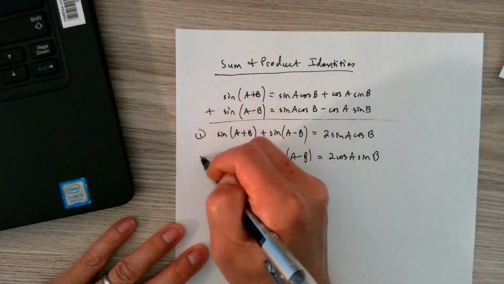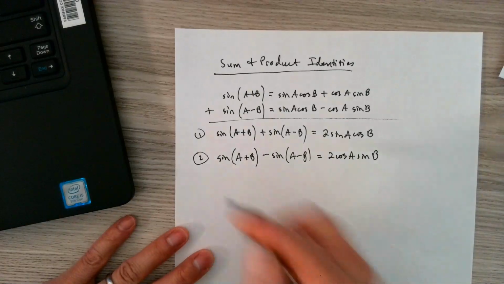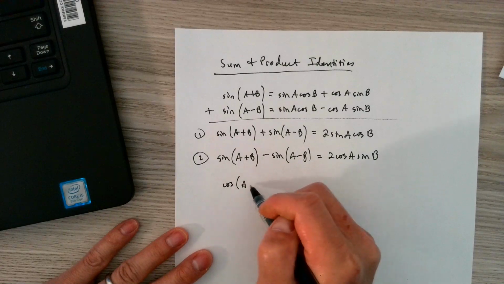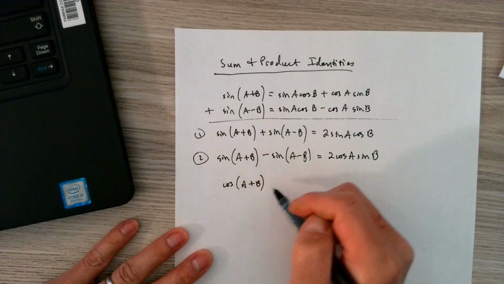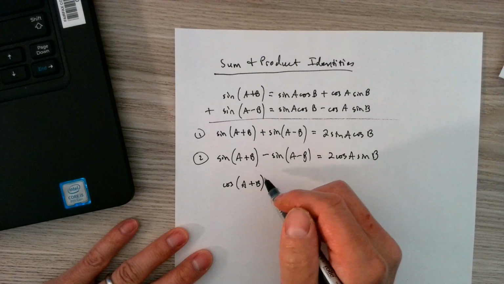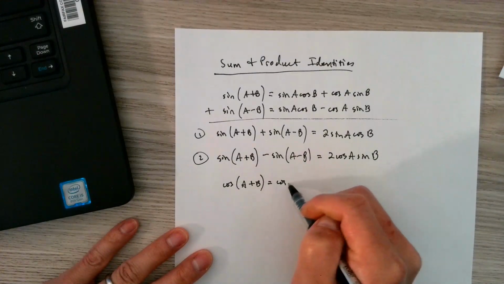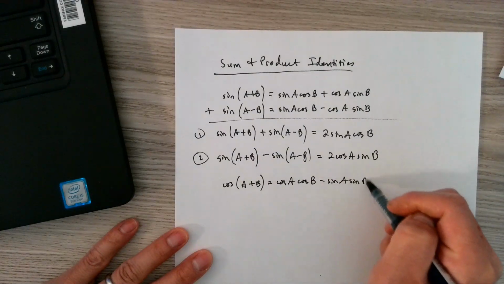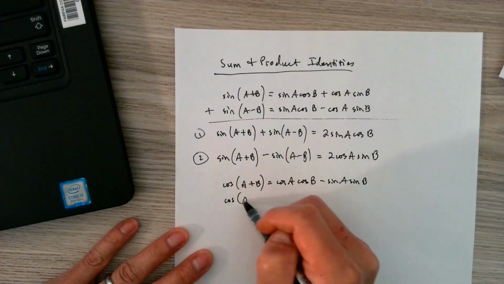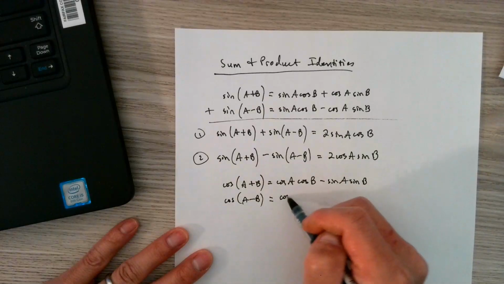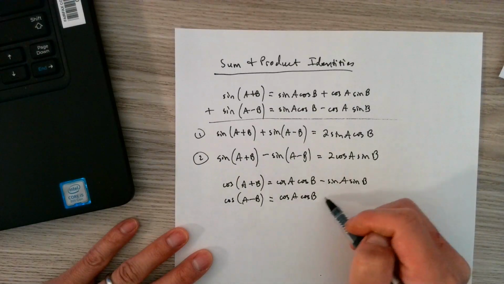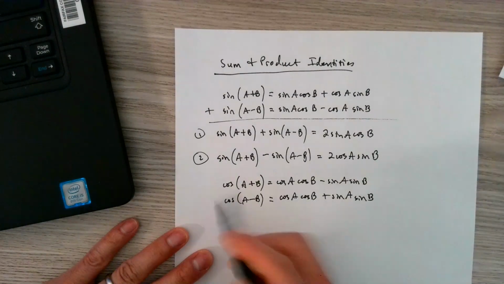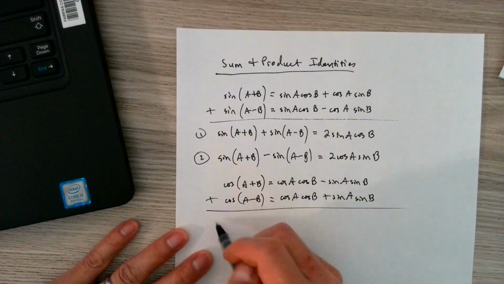Okay, so that's the first, that's the second, and then the third you would get by using two different identities from two groups ago. And if I add them, I get the third one.